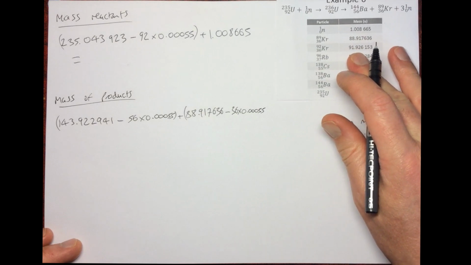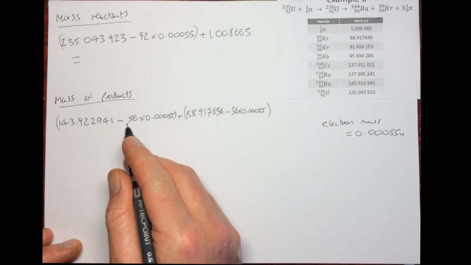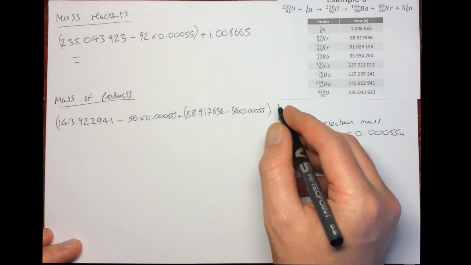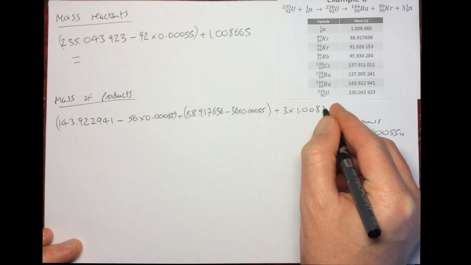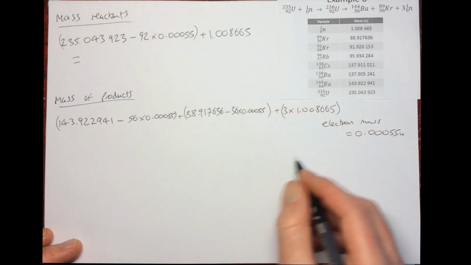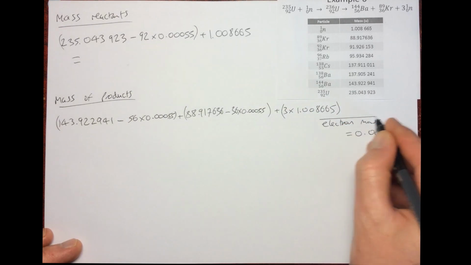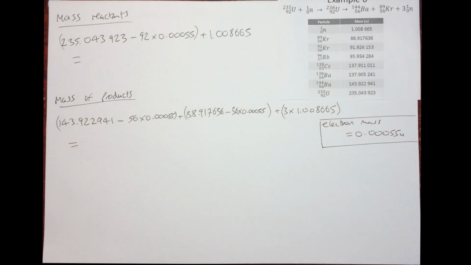So that's the mass of your barium nucleus and krypton nucleus, and then obviously we'd have to add on 3 times the neutron mass. So that's going to give us the mass of the products.